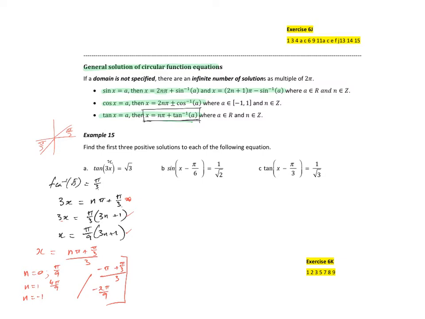For some of us, we prefer that as an answer. So I guess we're highlighting two kinds of questions. One, there's my general solution, and then you can use that general solution to find specific values. All right, so let's have a look at the second one.